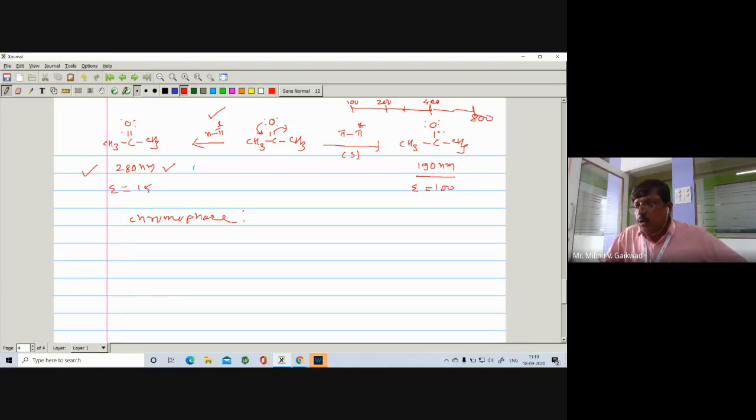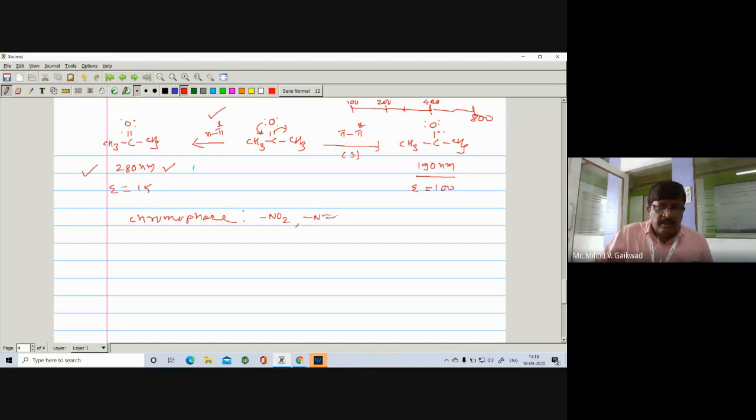Any functional group which absorbs UV light, meaning 200 to 400 nanometer, is called a chromophore. They will also ask for examples. Here is NO2, the nitro group. Look, nitro compounds look colored to our eyes. Why? Because they absorb in the UV-visible range.